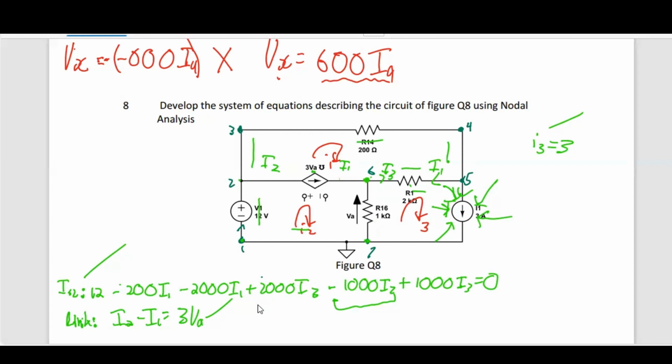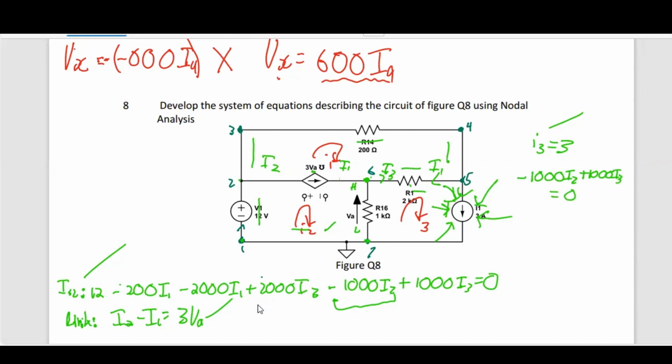Think about it very logically. I3 goes in the same direction as VA, but there's a voltage rise, meaning going from low to high. If I go through I2 here, it goes from high to low, because in the I2 loop you have a voltage drop. But in I3, you're going up here. Looking at I2 alone, like we did before, it'll be minus 1000 I2 and plus 1000 I3, which equals 0 in this case.